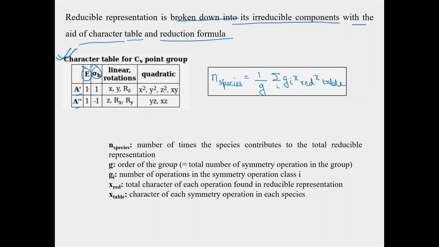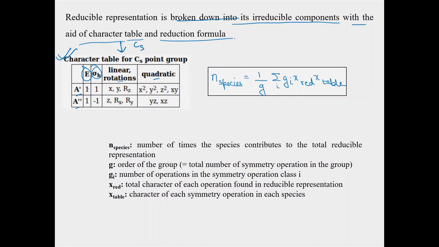A dash will have characters 1, 1, A double dash will have 1 and minus 1, and these are the linear rotations and quadratic notation. So this is the character table for the Cs point group, which is a very simple point group, so we can remember this.